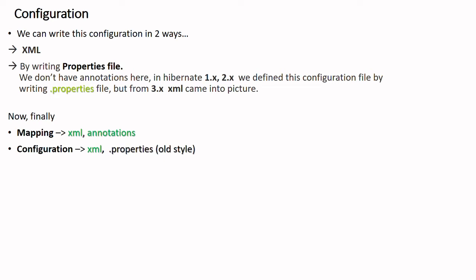But from 3.x, XML came into the picture. So from now onward, mapping is XML and annotation, configuration we use XML, and dot property is the old style.